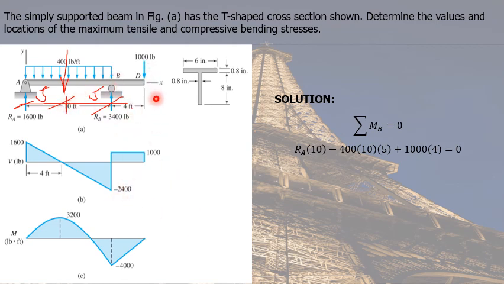And for the concentrated load of 1,000 pounds, it tends to rotate clockwise about point B, hence positive, and its perpendicular distance from point B is 4 feet.